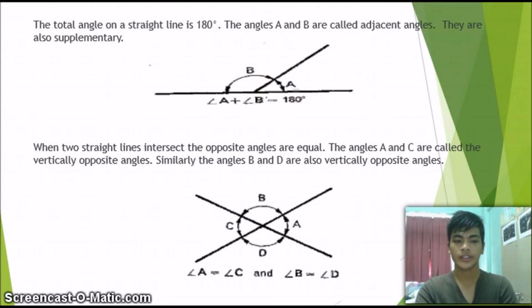Another situation is when two straight lines intersect, the opposite angles are equal. Angles A and C are called vertically opposite angles, and similarly B and D are also vertically opposite angles. This means that angle A is the same as angle C and angle B is equal to angle D.